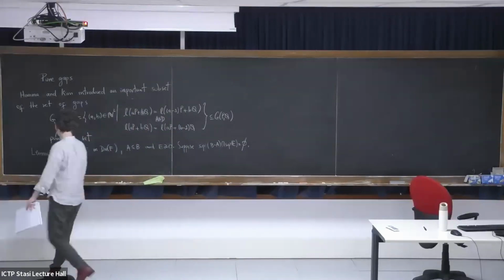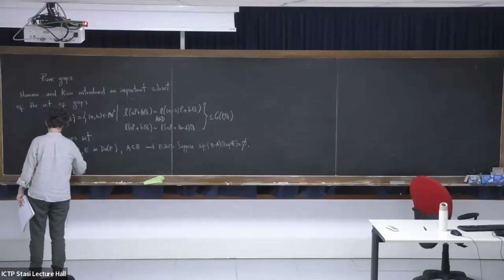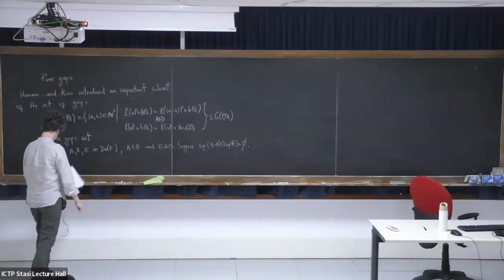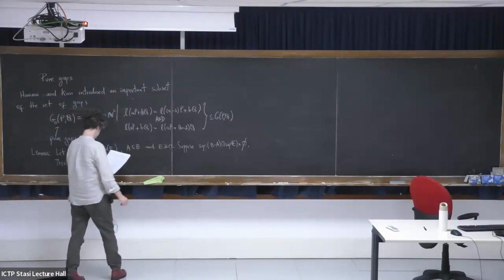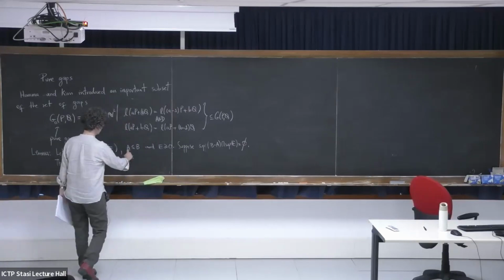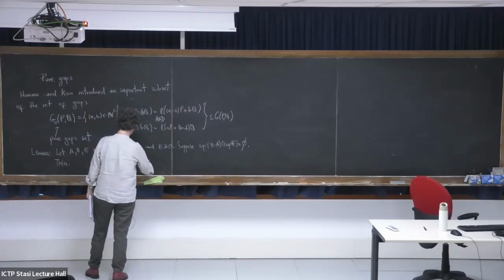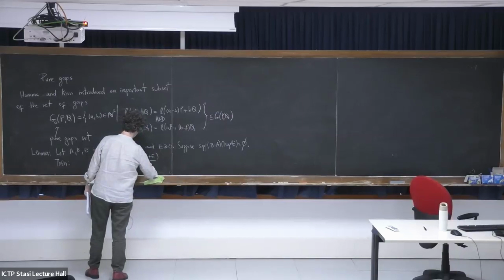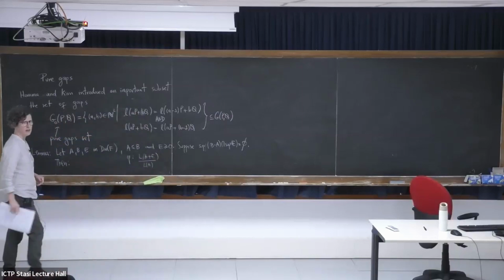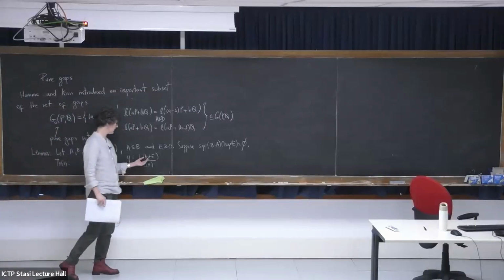Then we are going to consider the following function. We have A is smaller than B, so we have this Riemann space contained here.